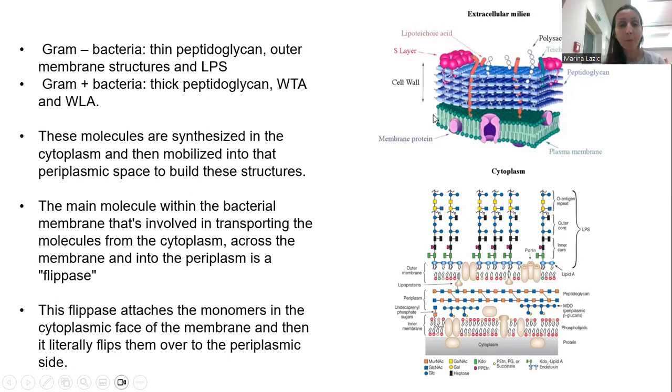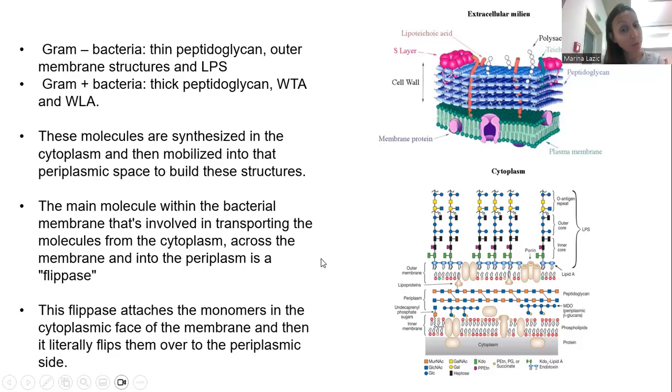This one is called lipoteichoic acid, and there is teichoic acid here, which you can see bound directly to peptidoglycan. Now, all these molecules are synthesized in the cytoplasm, and then they have to be mobilized into the periplasmic space in order to build all those glycan structures. The main molecule in the bacterial cell that is involved in transporting all these molecules from the cytoplasm across the membrane and into the periplasm is called flippase.